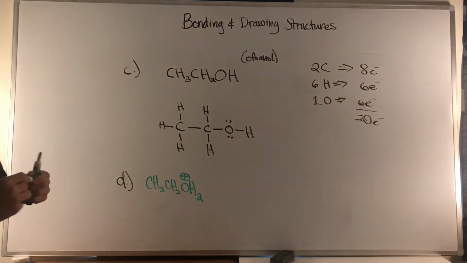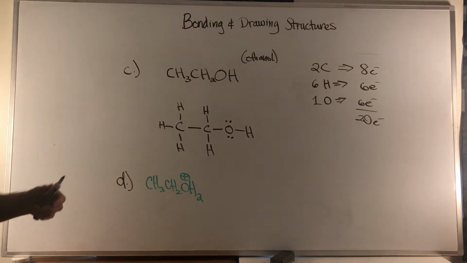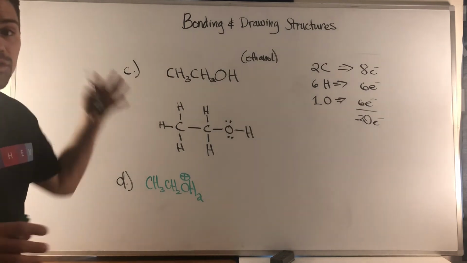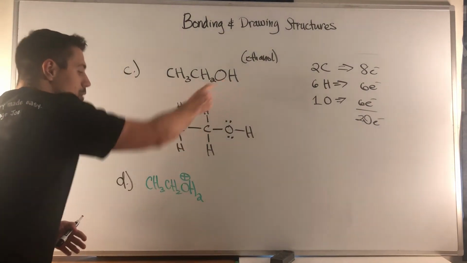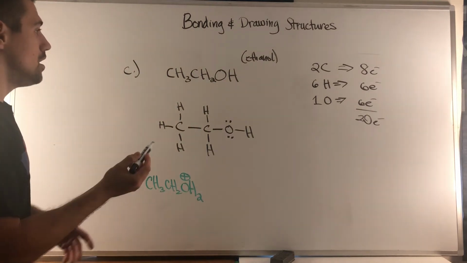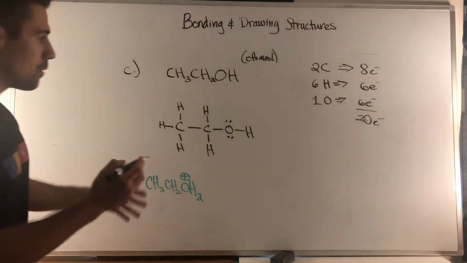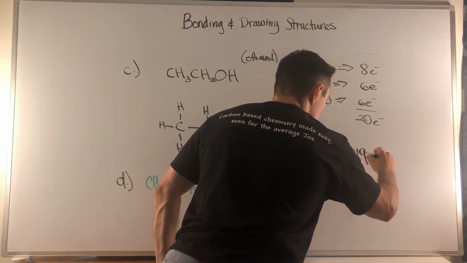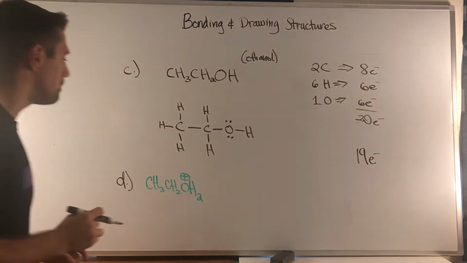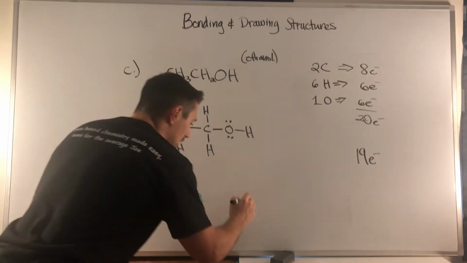So again, we have an ion with a total charge. So all of our work above is valid, right? Because the only thing that's different is this oxygen now has 2 hydrogens instead of 1. So instead of 20 electrons, we're going to work with 19. Okay, so the structure is going to remain exactly the same.